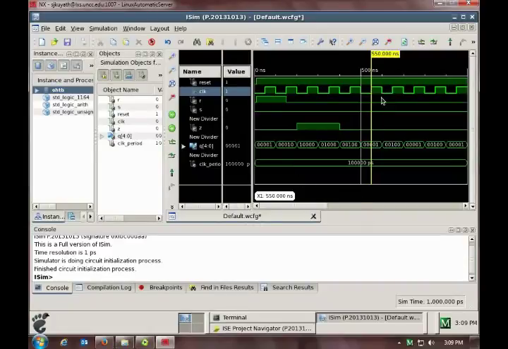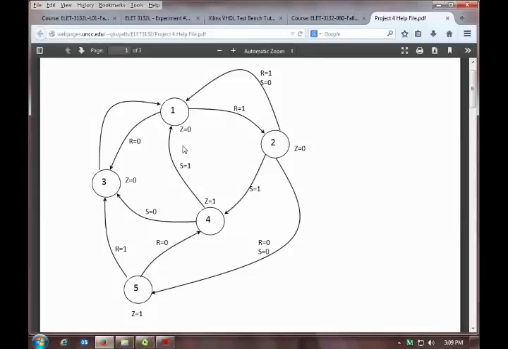I guess the question I should be asking is, what state do I want it to go to here? Here it's in state 1. Here it's in state 1. I could say that R is equal to 1 again, and then I could say S is equal to 1 and keep it 1.